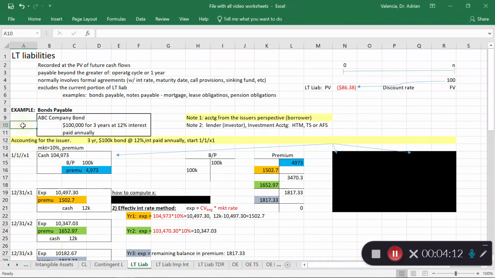Now here's something that needs to be said so that you understand why we do certain things. This right here is referred to as a negotiable instrument, a financial instrument that cannot be changed. So in other words, even though I created this bond with 12% interest, if the market rate goes up or down, I can't simply change this 12% or any of the terms for that matter in this bond, because it's already in the form of a negotiable instrument.